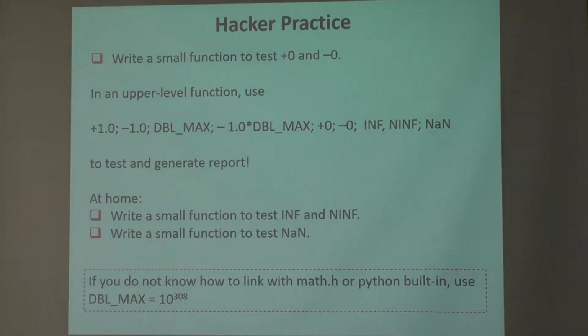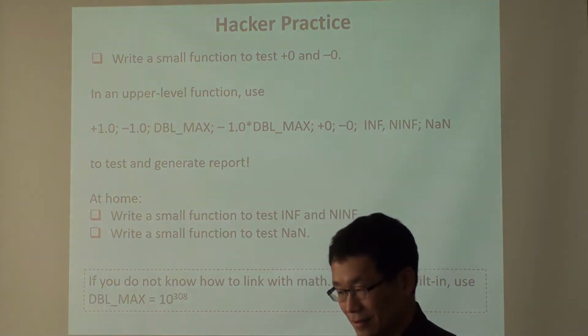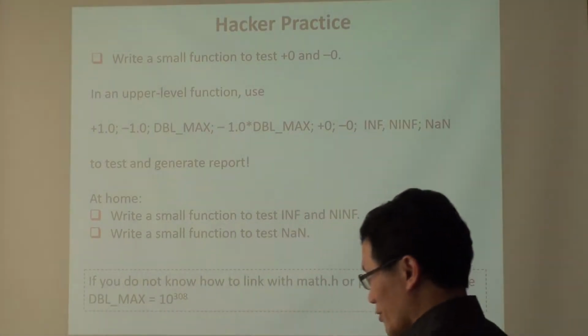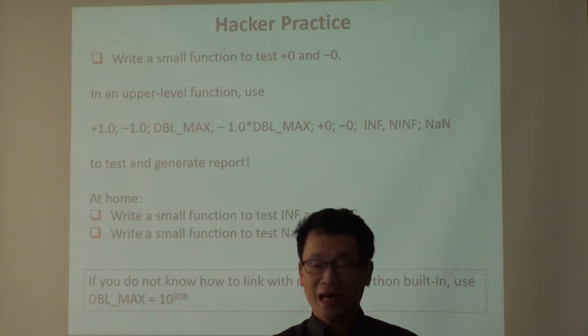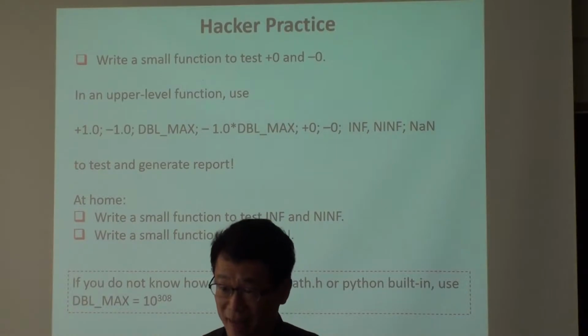Yes? Are we supposed to just compare it with like positives? I'm not exactly sure. Let me see. Where is your statement? Oh, okay, sorry. If you just write if x is equal to +0, you are not sure whether that +0 is even a supported semantics.